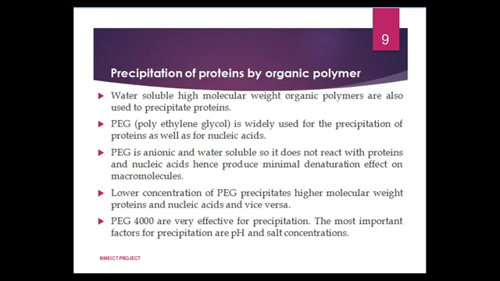PEG with different molecular weights is available, but PEG with molecular weight more than 4,000 is very effective for precipitation. The most important factors for precipitation with this are pH and the salt concentration.